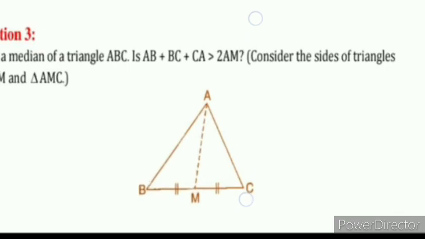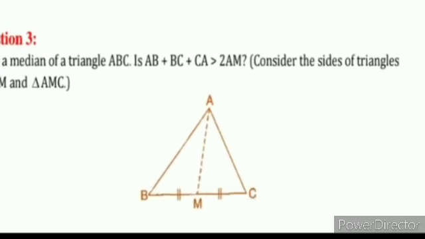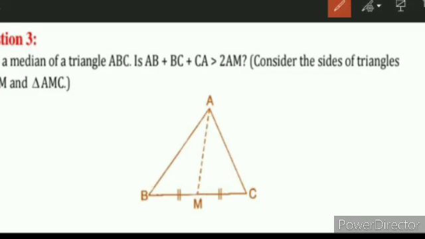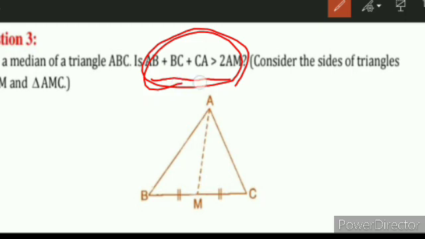Here they are given one triangle ABC, in which AM is a median, which means M is the midpoint of BC. They are asking, is AB plus BC plus CA greater than 2AM? We should prove this.